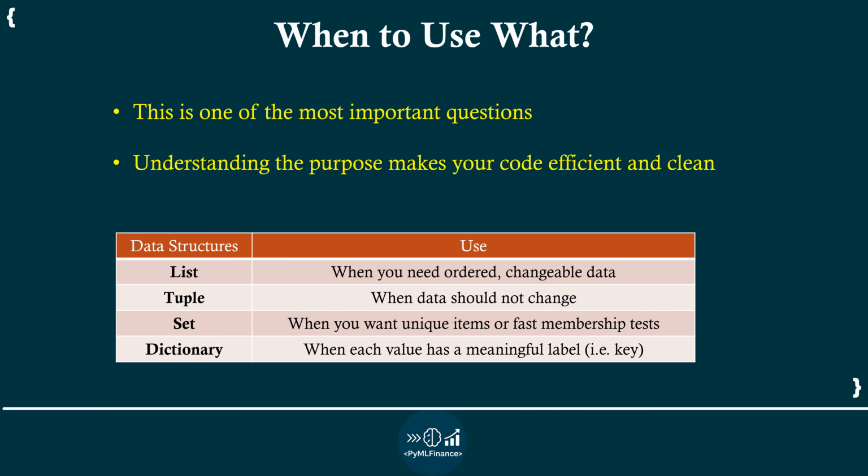So this is the summary of when to use what. One of the most important questions that you might face is when to use what, and always understanding the purpose makes your code efficient and clean. A list you should use when you need ordered, changeable data.